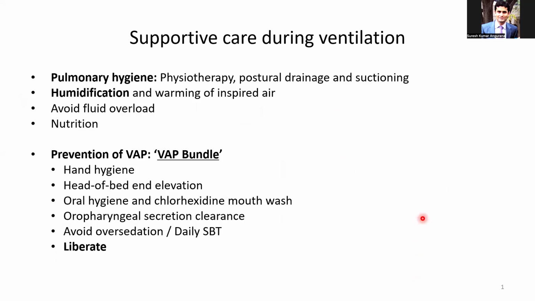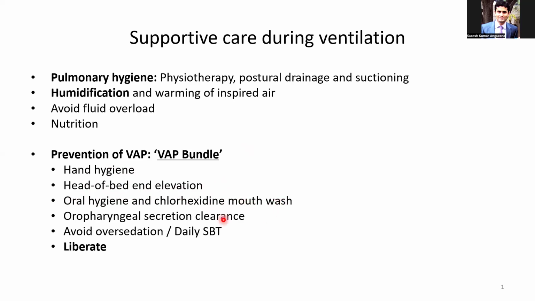Supportive care during ventilation: pulmonary hydrotherapy, drainage, proper positioning are important. We should avoid fluid overload. Nutrition care should be taken. We should start nutrition as early as possible and prevent VAP by using the VAP bundle, like regular hand hygiene. Head of the bed should be elevated to 30 to 40 degrees. Oral hygiene with chlorhexidine mouthwash.